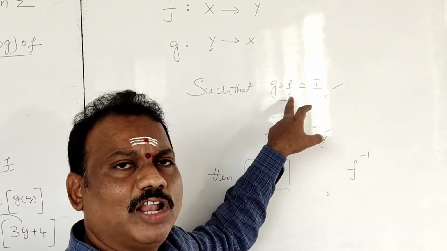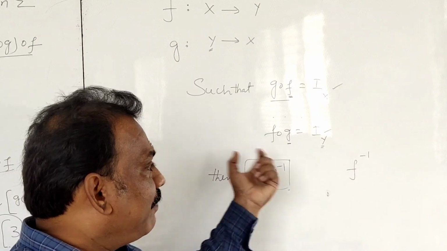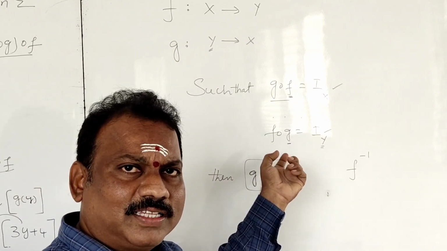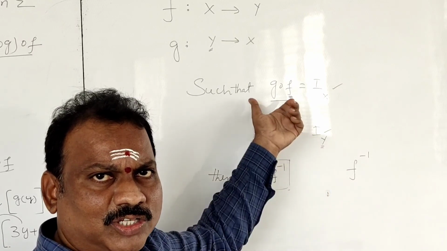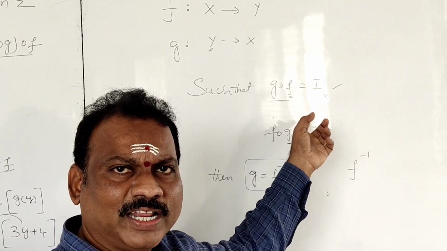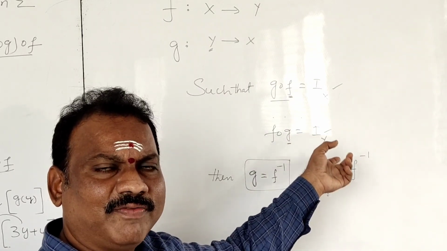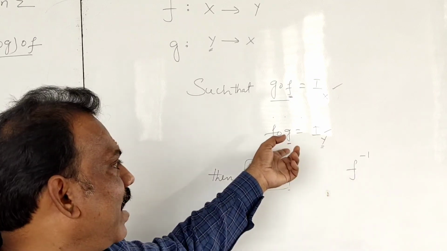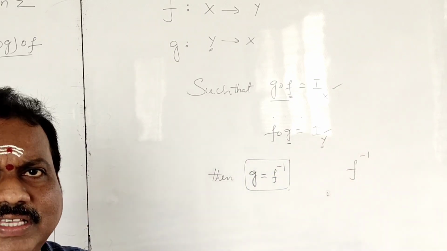In g circle f the last function is f, with domain X. If f circle g exists, the last function is g, with domain I of Y. So these two composite functions are identity functions on the domains of their last functions. Then f is invertible.